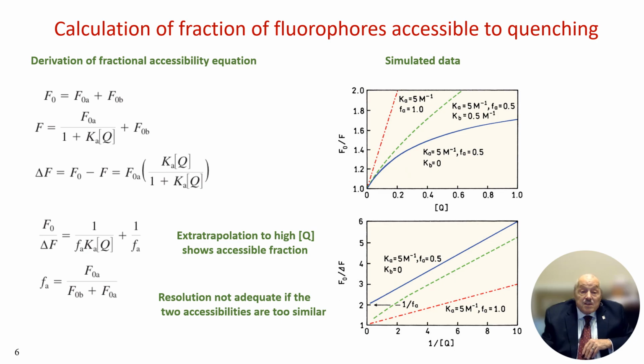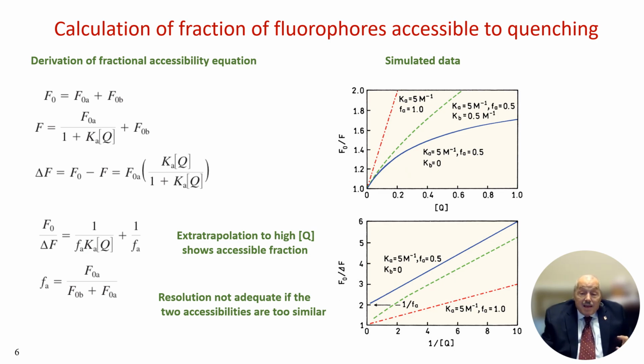So this is the derivation of the equation. I was going to try to explain it and could hardly explain it to myself. So I'll just jump to the conclusion. In order to resolve the accessible fraction of fluorescence from each of these residues, we no longer plot F naught over F as we do in Stern-Volmer, but we plot F naught over delta F, which is the change in the fluorescence.